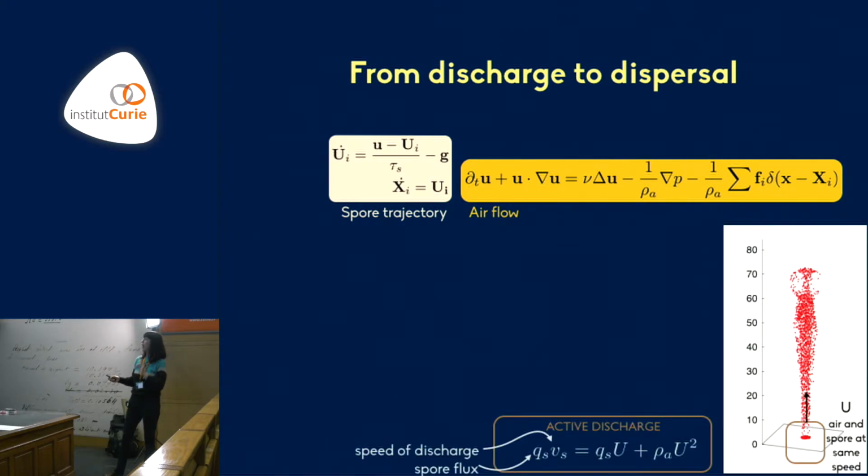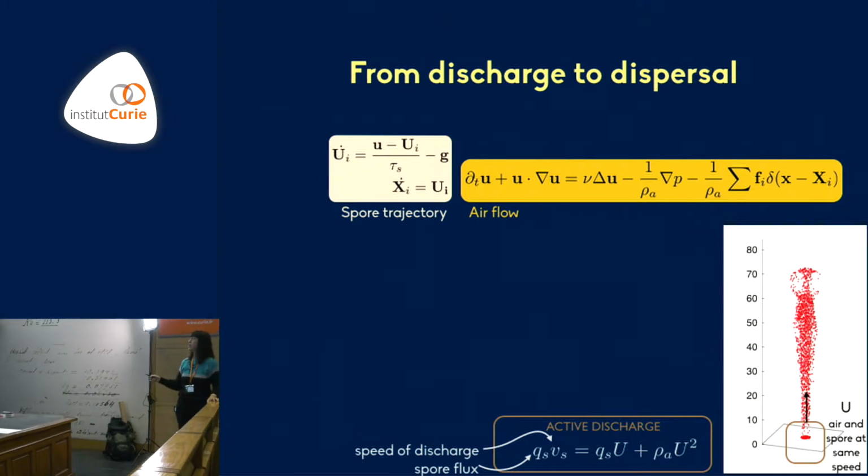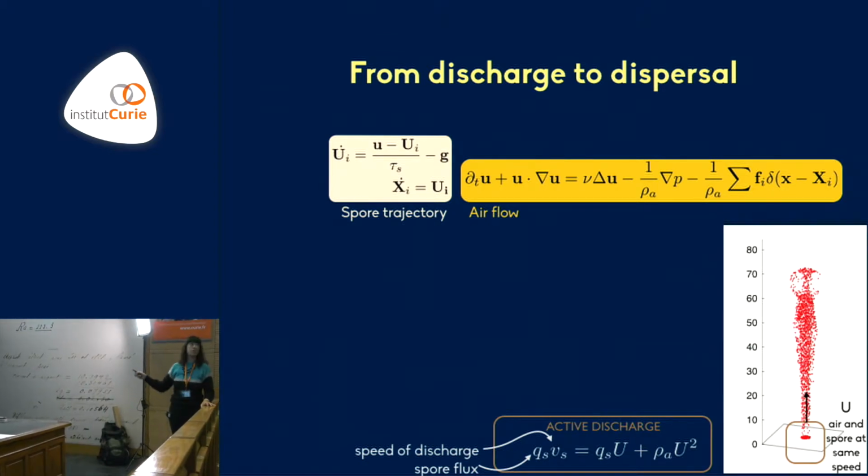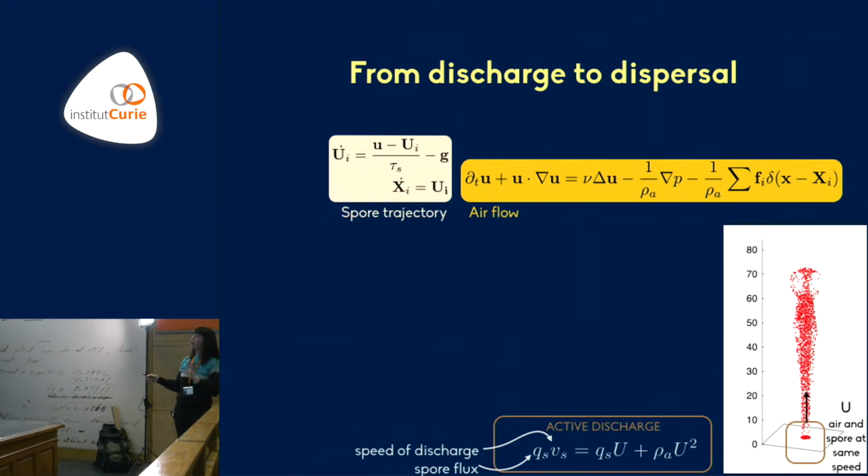So what is the range of this jet? Remember, we started from spores that individually are killed by drag. Now I'm going to show you that the height of this jet is mainly limited by gravity. So there are two different regions of this jet. There is a first region where spores are clearly much faster than the air, at least at the beginning.